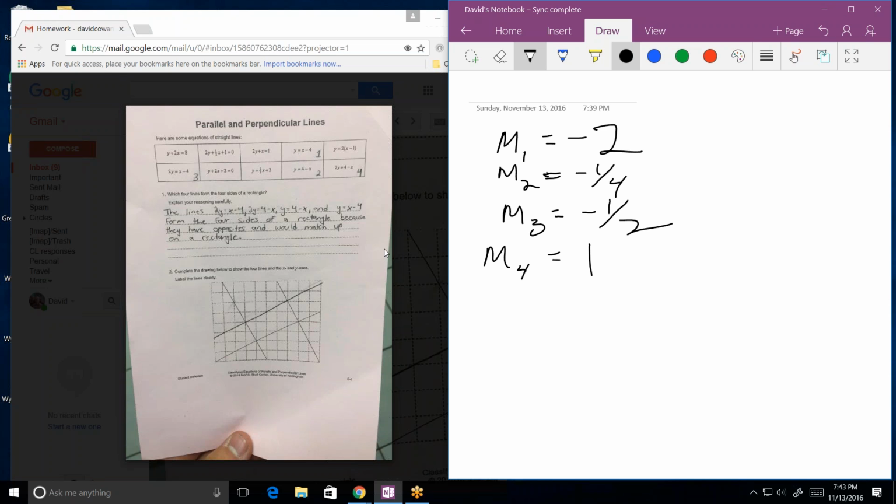That's the slope. Just because it's not written doesn't mean it's not there. What's the slope on the 5th one? You do have to distribute that, but after you distribute it, what's the coefficient of x?